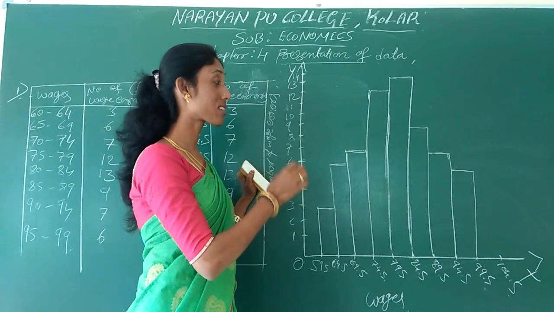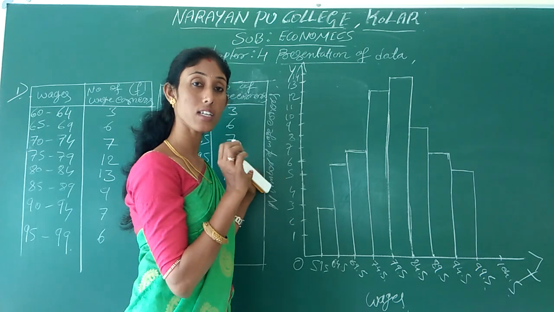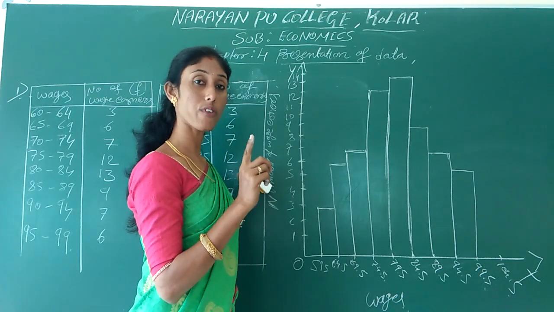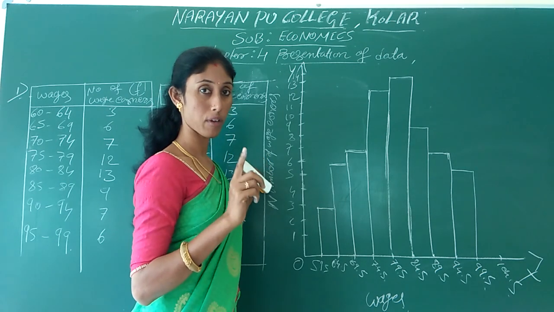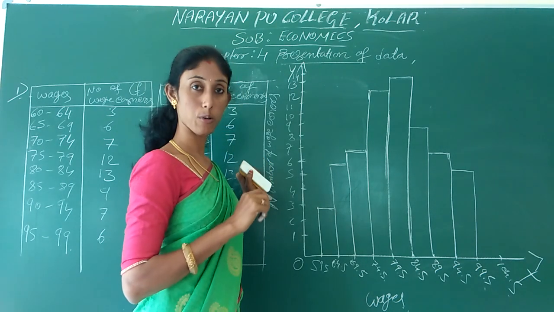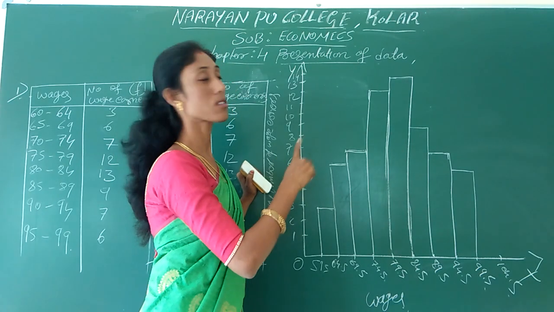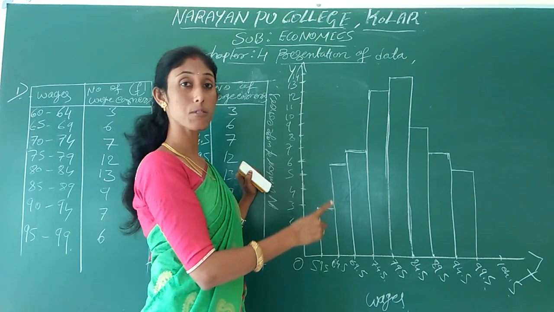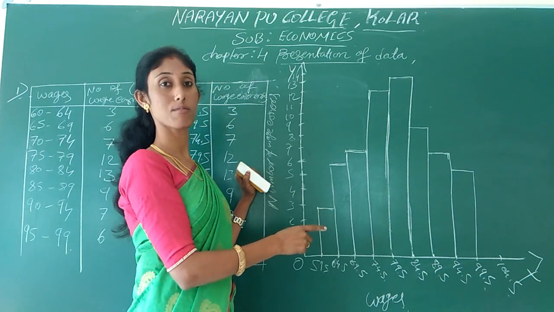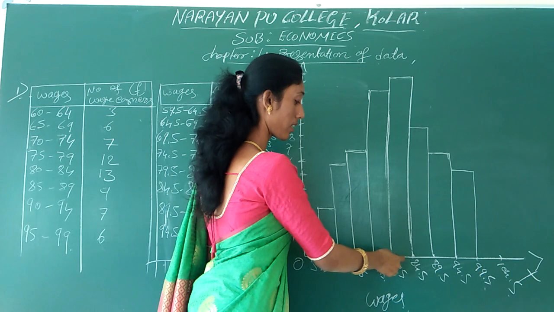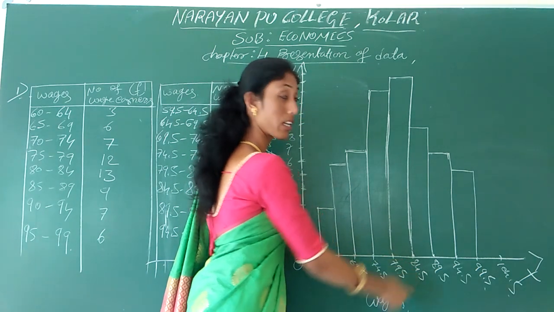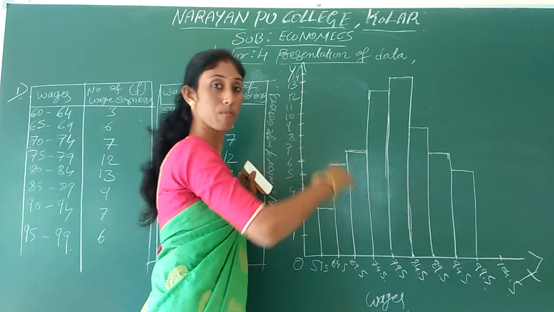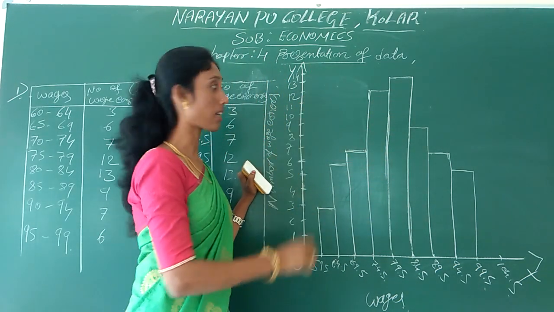By this histogram, we can find the third feature. By drawing the histogram, we can also find the mode graphically. How do we find the mode? We should take the highest bar of this diagram. The highest bar of the diagram is from 79.5 to 84.5, the lengthiest bar of this diagram.